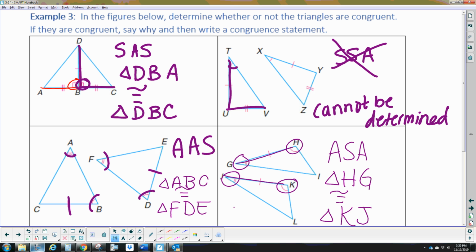And then lastly, my unmarked, unincluded angle is I and L. Okay, so angle J matches with angle G, side HG matches with side KJ, and angle H and angle K match. So yes, I can determine that these two triangles are congruent by angle side angle.